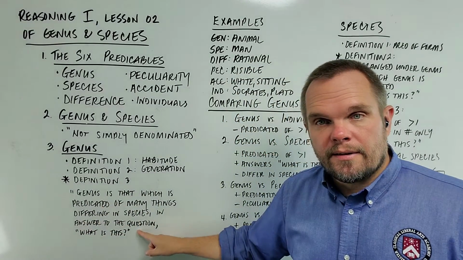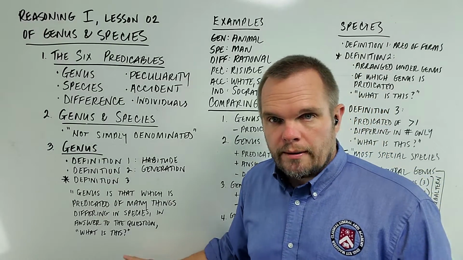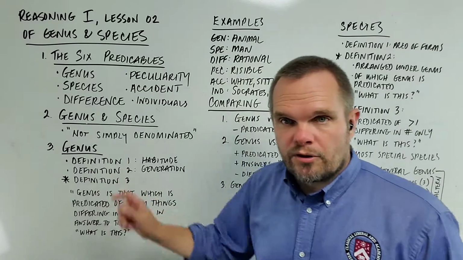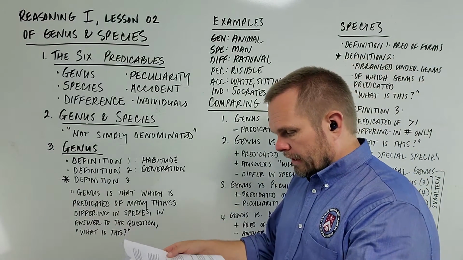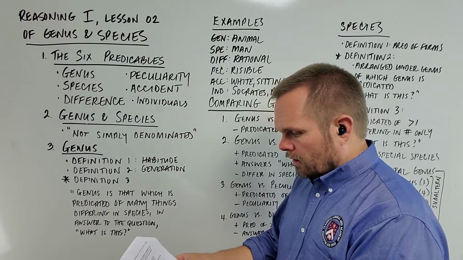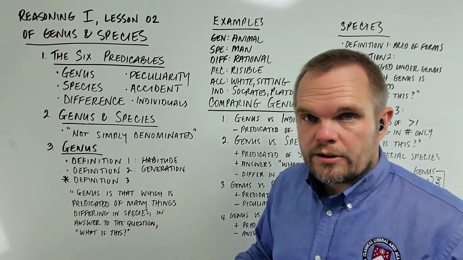What he means is this philosophical definition of genus. Okay? So that's the first one, the definition of genus. And again, that's right in your lesson, right here in bold print.